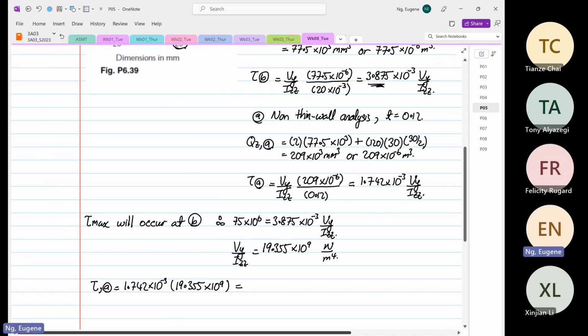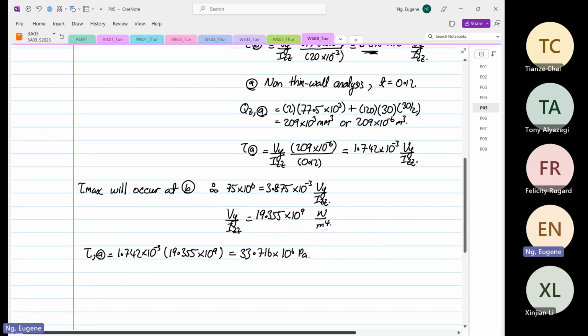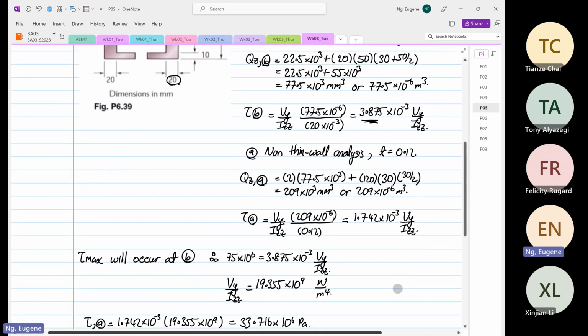So this is 1.742 power minus 3 times 19.355 power 9, which is equal to 33.716 times 10 to the power 6 Pascal. Let me do it. 19.355 power 9 times 1.742 power minus 3. Yep, 33.